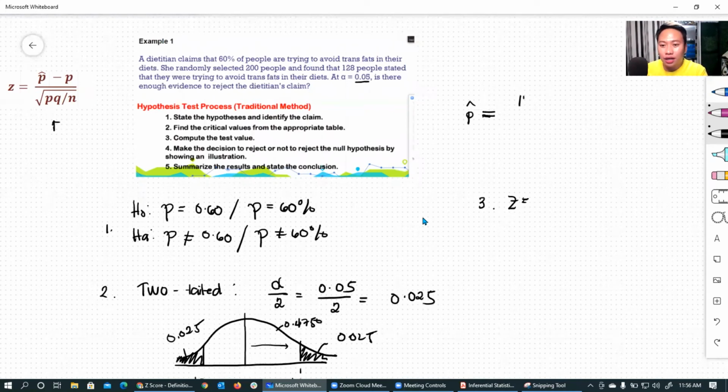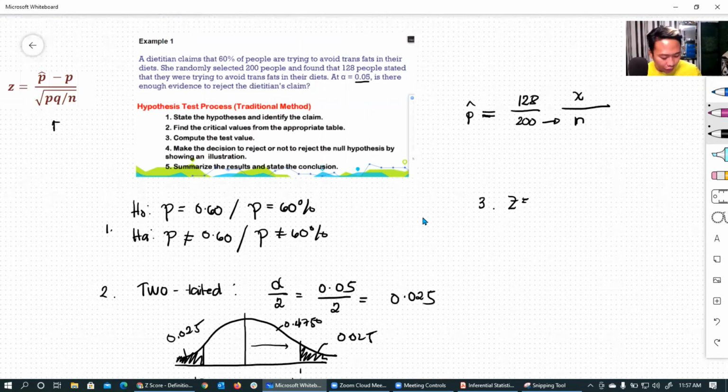So it's 128 over 200. Basically, this 200 is the sample size, let me write a small n. And the numerator is the score, the actual people who agree to it. That's why you can see x over n.